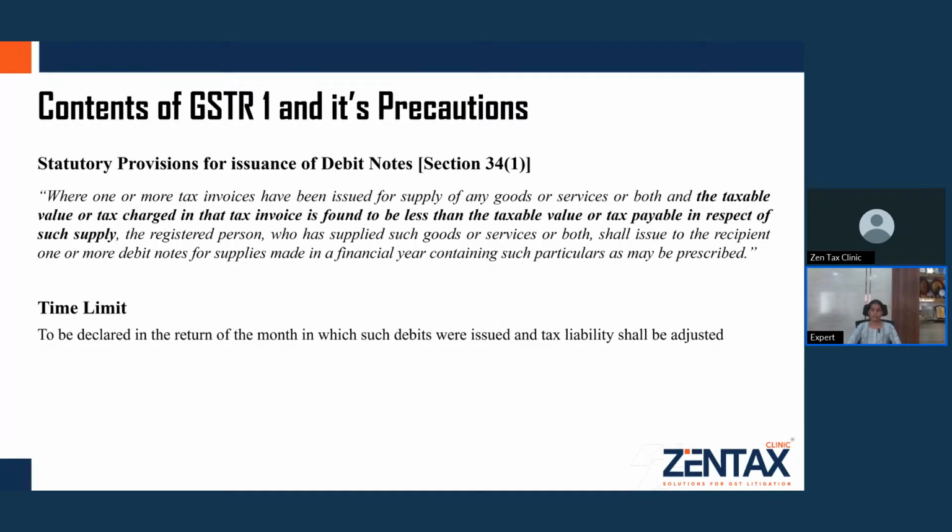And the time limit to issue such debit notes is to be declared. That is, if he issues a debit note in the month of April, it shall be declared in the respective month's return.